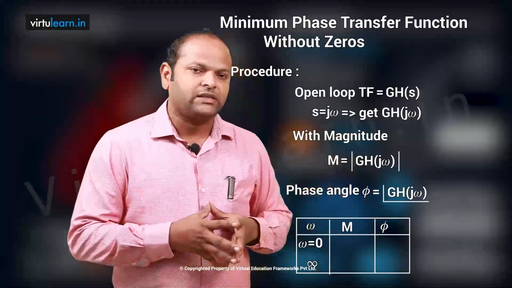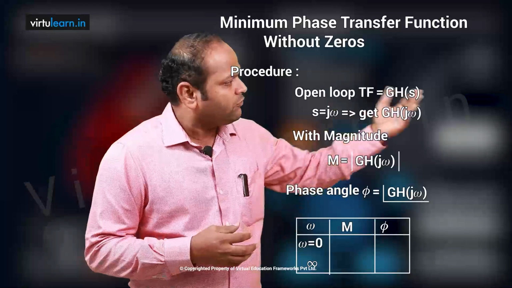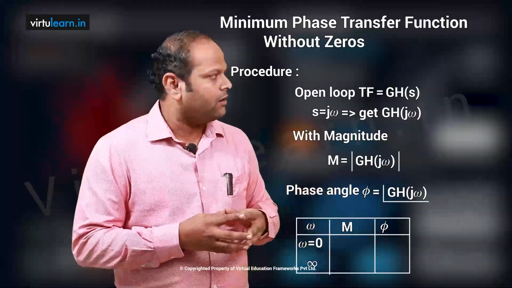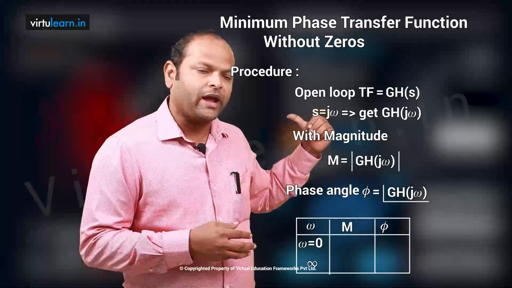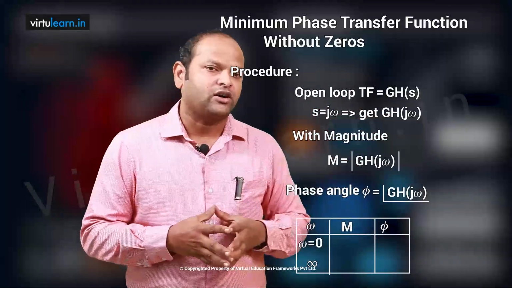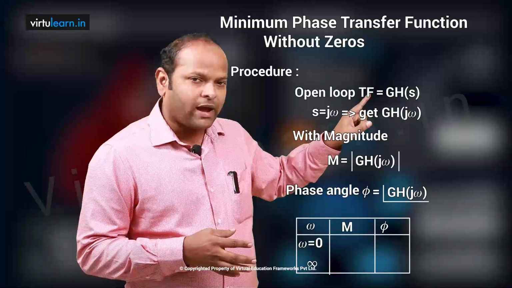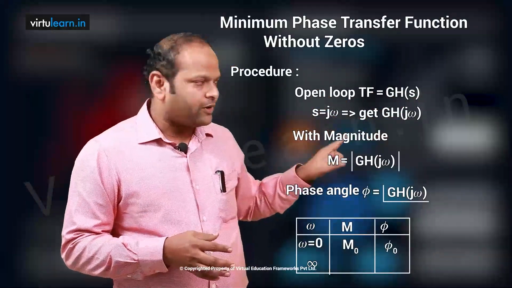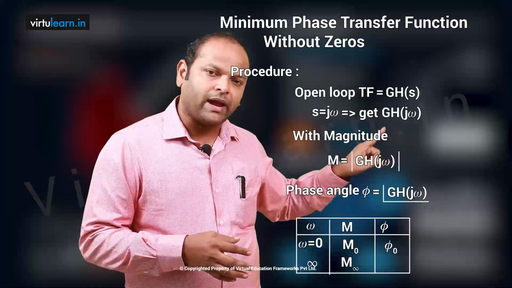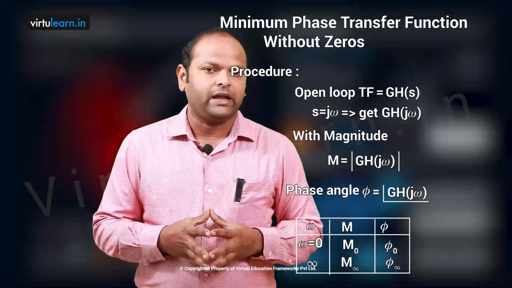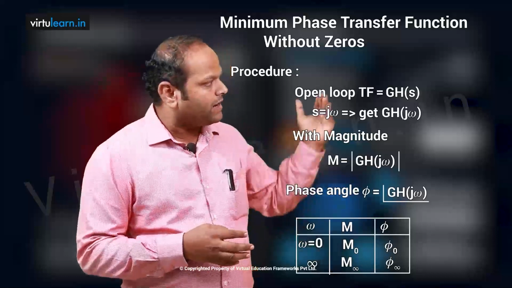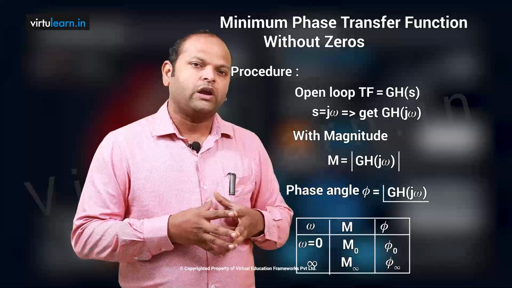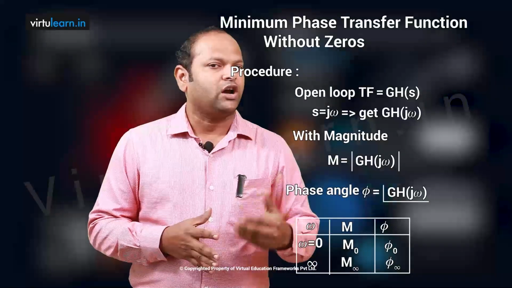The phase angle is phi naught, the phase angle corresponding to omega equal to 0, which I can call the starting angle. So the starting magnitude is M naught and the starting angle is phi naught. When omega is infinity, M infinity is the ending magnitude and phi infinity is the ending angle. Then how to get these two? Once the transfer function is available, look at what is the type and what is the order.